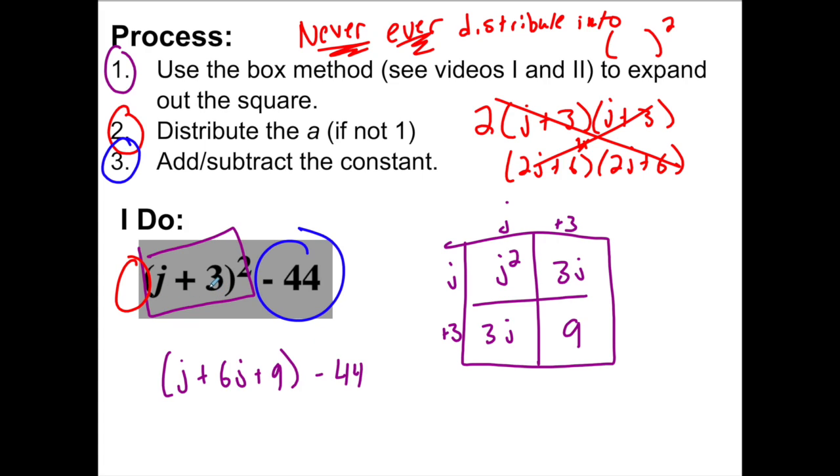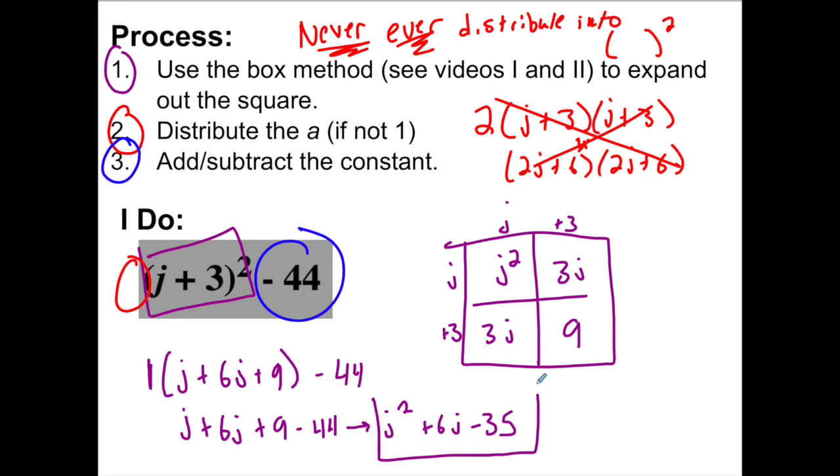Now, remember, the squaring means it's times itself. Okay, now, is there an a value? Well, technically it's 1, because you don't see 1, right? But when there's 1, don't worry about it, because 1 times something keeps it the same. So this is j squared plus 6j minus 35. Boom.